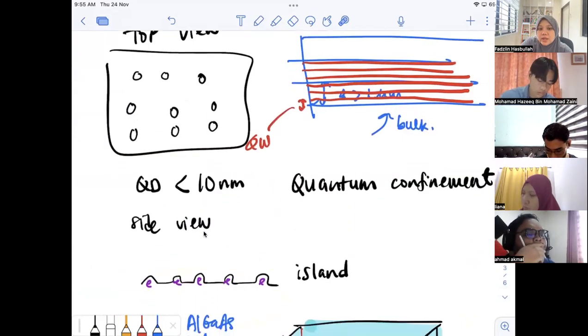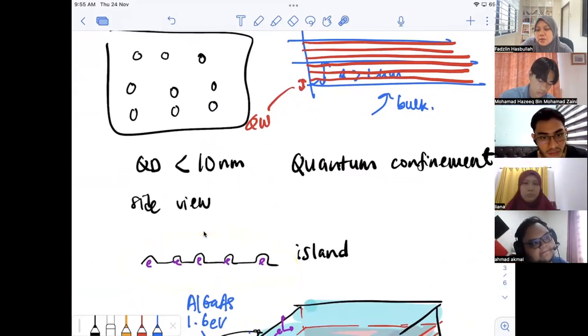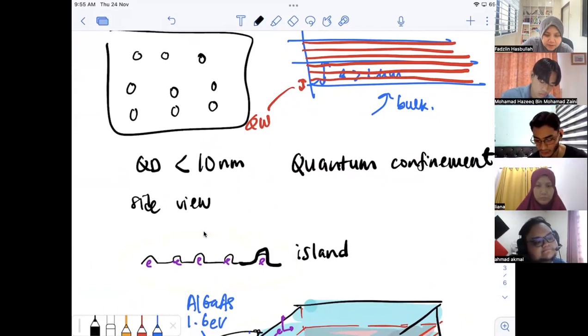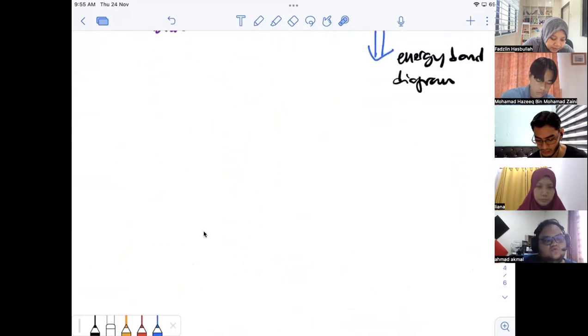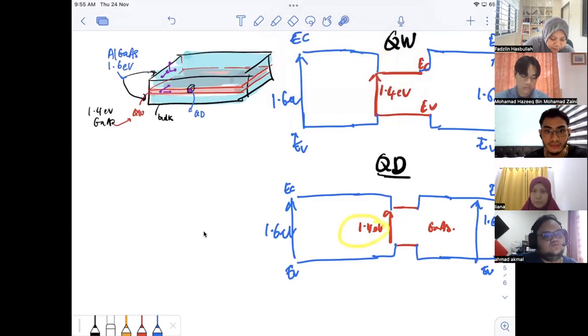And because it's a random process, this bump can be different sizes. Kalau dot tu besar, this may have a different band gap compared to this one. Tapi bila kita draw ni, kita take the average band gap. So kalau tulis dalam exam 1.4 pun betul, 1.3 pun betul. It can be slightly smaller than the band gap of the actual gallium arsenide.